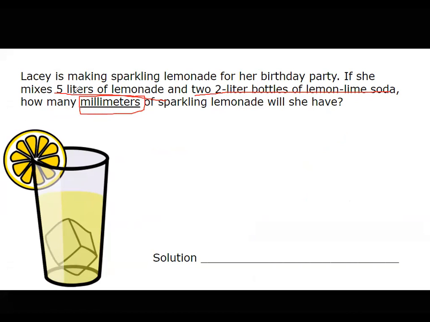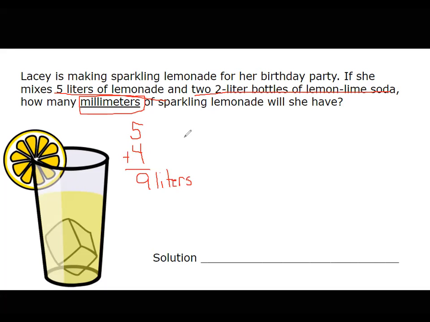So we have 5 liters of lemonade, and then she has 2 2-liter bottles. So if she has 2 bottles and each bottle is 2 liters, that's 2 times 2 is 4, so that's a total of 4 liters. And 5 plus 4 equals 9, so this is 9 liters.